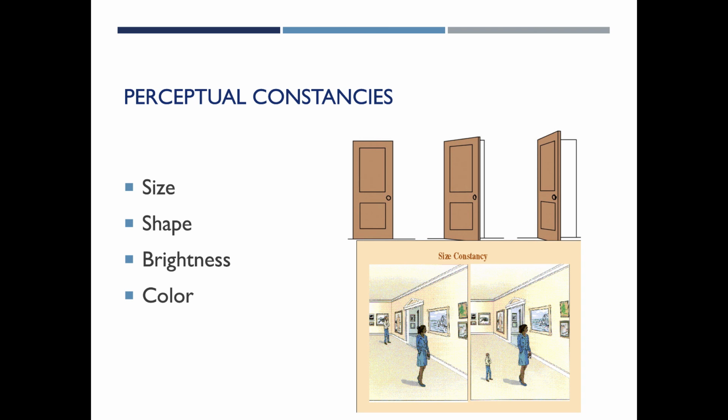If you remember that dress that some people saw as black and blue, which was in fact its true color, and others saw it as white and yellow, and that was a misperception. If you saw the dress as white and yellow, it was in fact blue and black.